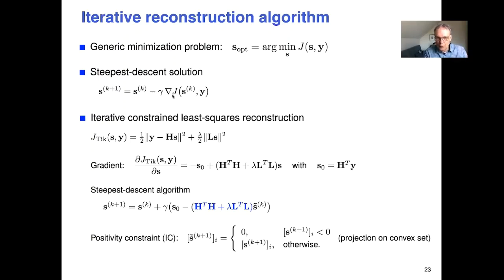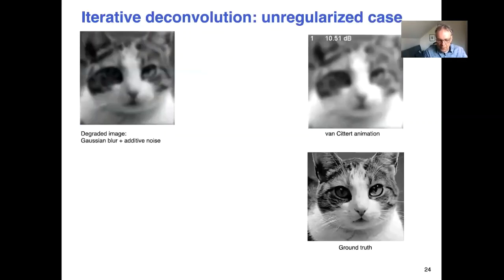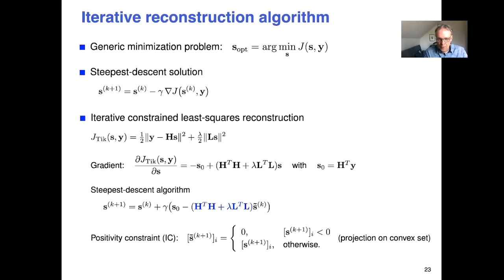Of course, when you have converged, the gradient is 0 and it doesn't move anymore. Now, if you write it iteratively like that, rather than doing direct reconstruction, there's an advantage because, for example, as you go on, you can impose positivity constraints so that the reconstruction is positive.